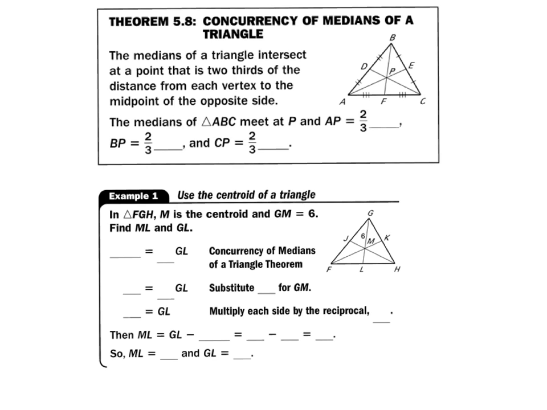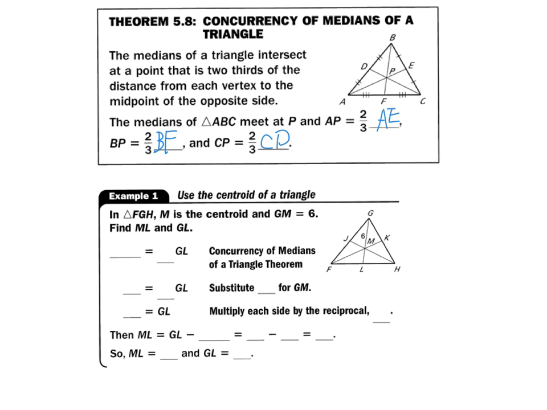And notice that AP is 2/3 of AE, and BP is 2/3 of BF, and CP is 2/3 of CD. So in other words, the medians intersect at 2/3 of the distance from each of the three vertices.